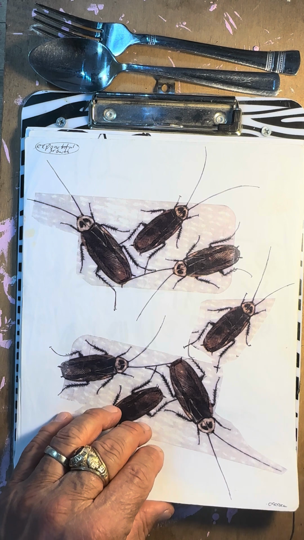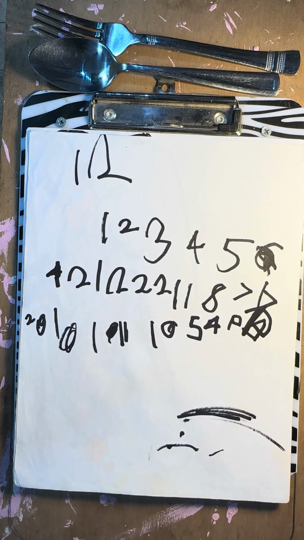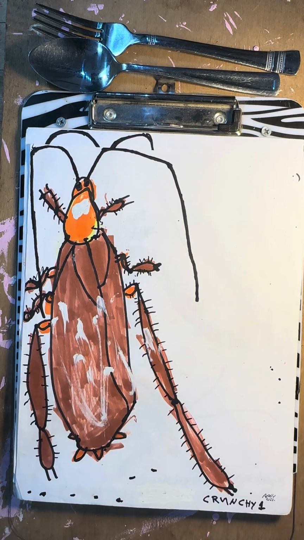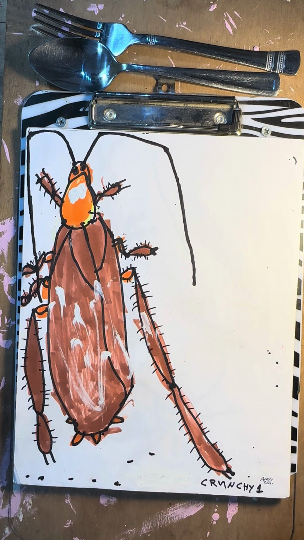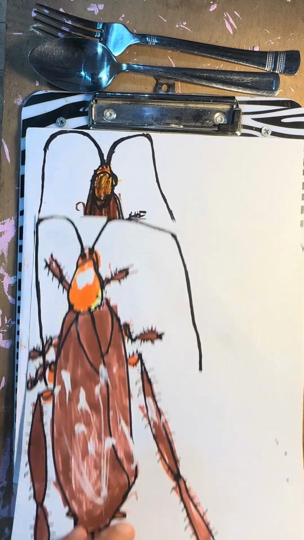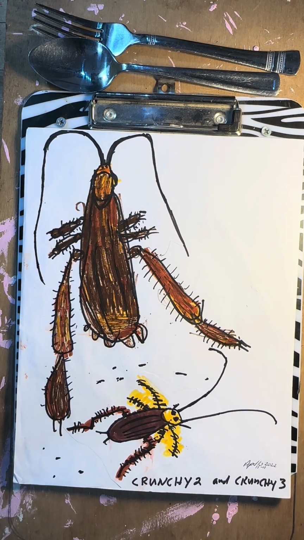What's more scary than this? Oh, numbers? Nah. That's not more scary. Oh my gosh. Giant crunchy one. That's pretty scary if you see one of those. What would be more scary? Oh, if you see 2 of them, that would be extra scary. Crunchy 2 and crunchy 3.